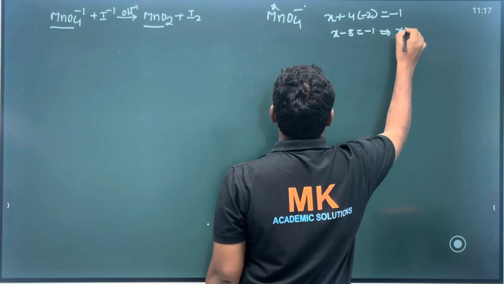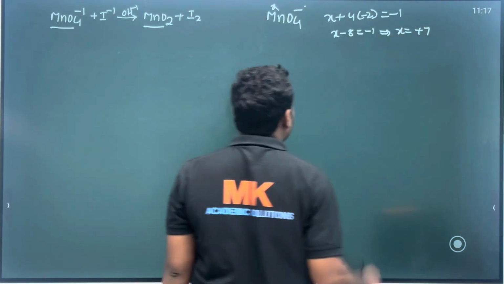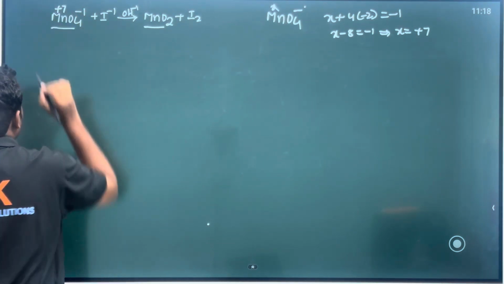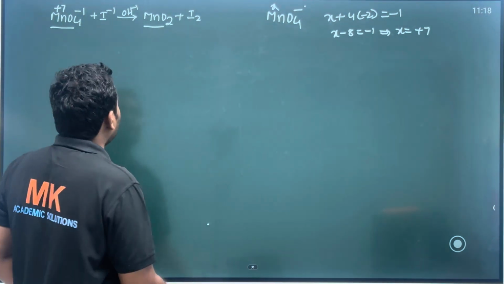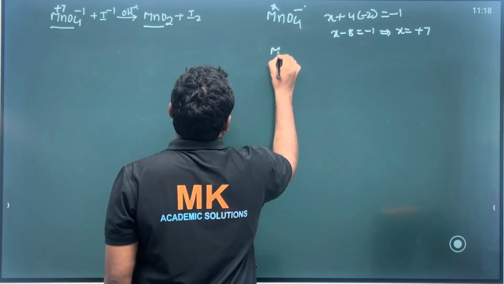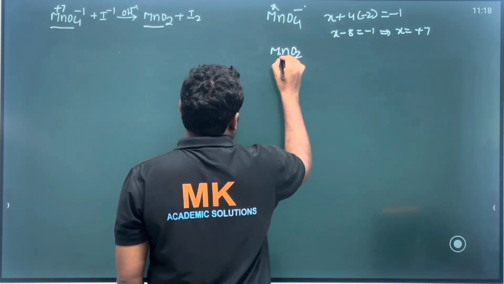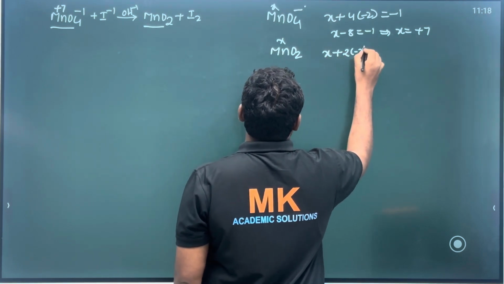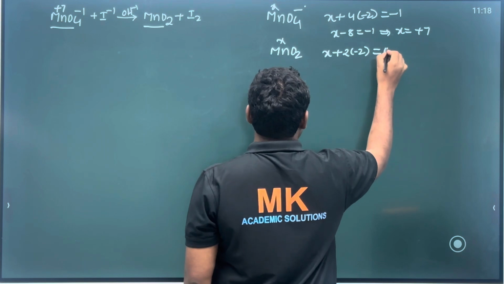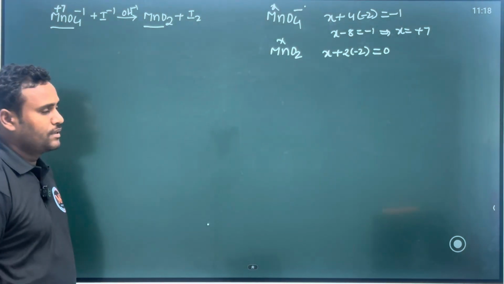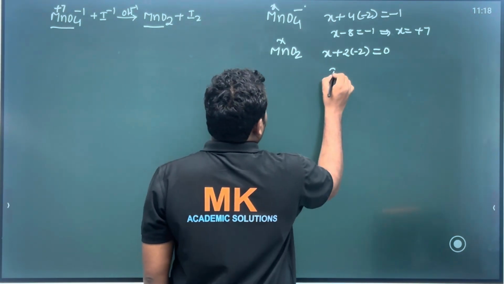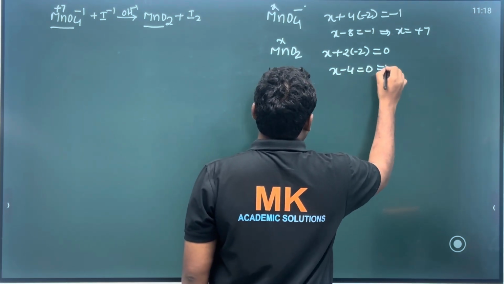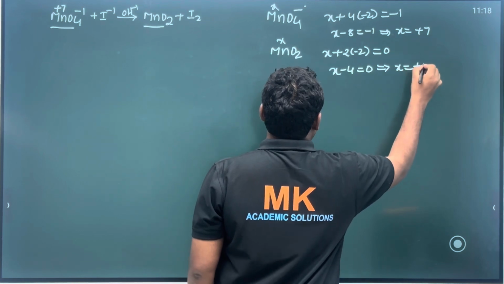Therefore X minus 8 equals minus 1, so X is equal to plus 7. In MnO₂, only one manganese is there: X plus 2 into minus 2 equals 0, as it is a neutral molecule. So X minus 4 equals 0, which implies X is equal to plus 4.